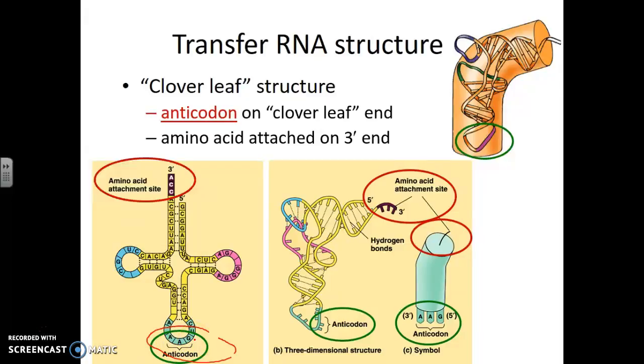More importantly, on top of the tRNA, it will be carrying the correct amino acid that corresponds to the codon, not the anticodon, on the mRNA. That's confusing. Monday in class, we're going to do some practice with this. But the amino acid that the tRNA is carrying corresponds to the codon on the mRNA, not the anticodon.